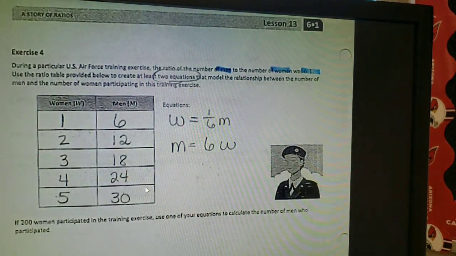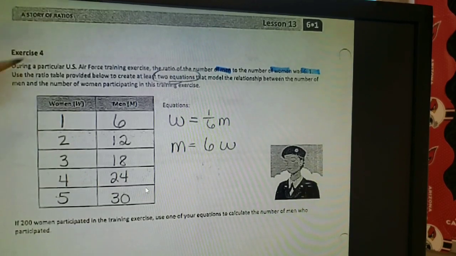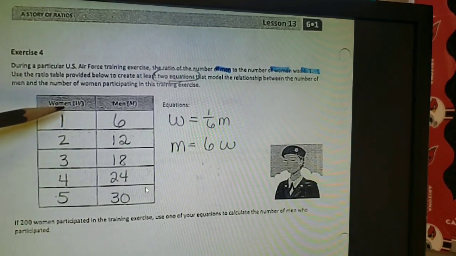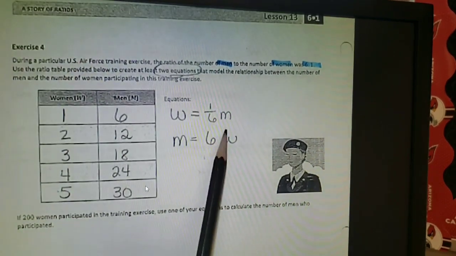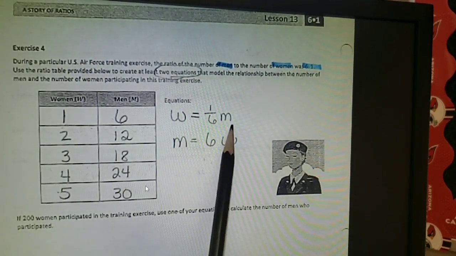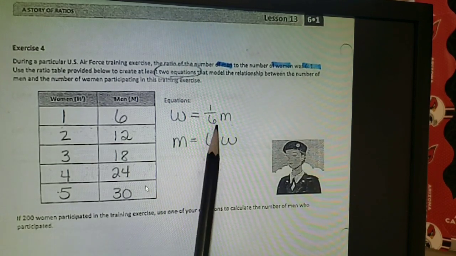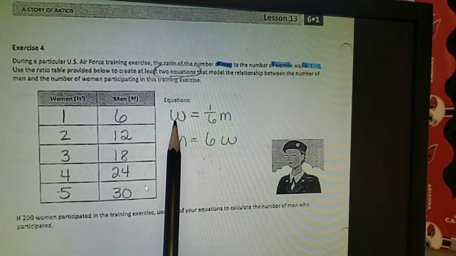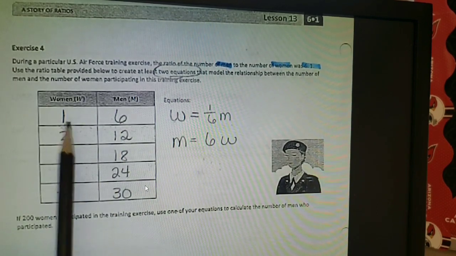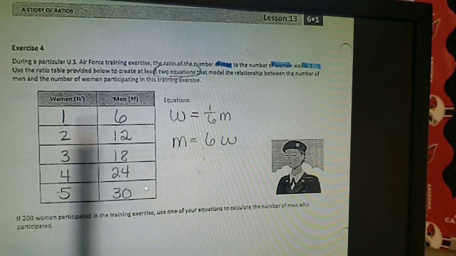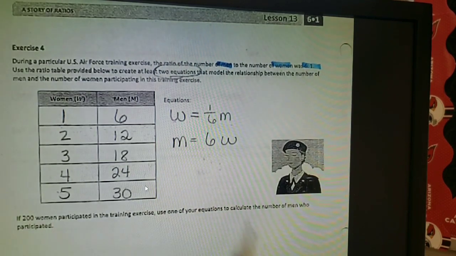It can sometimes be a little confusing because we look at this table and go, oh, women is 1, so we're going to take 1 times 6 to get the men. But we're taking the men and multiplying it by something to get the women. It's smaller. It's 1/6 the amount.